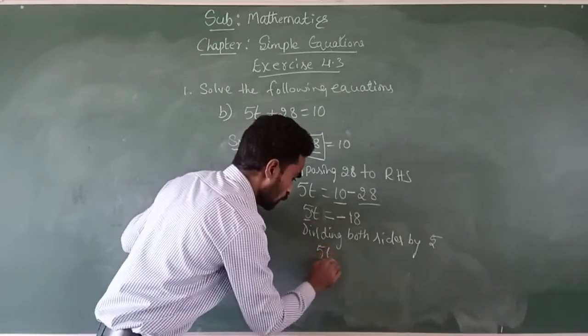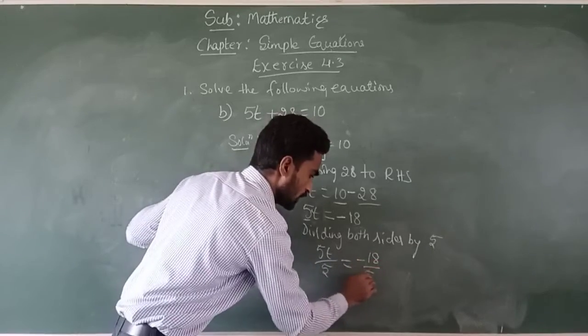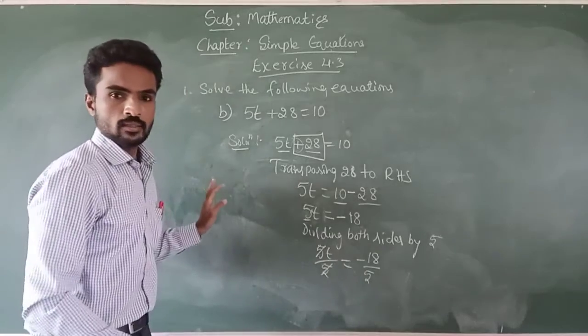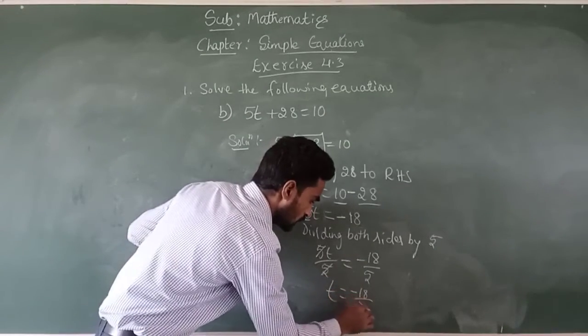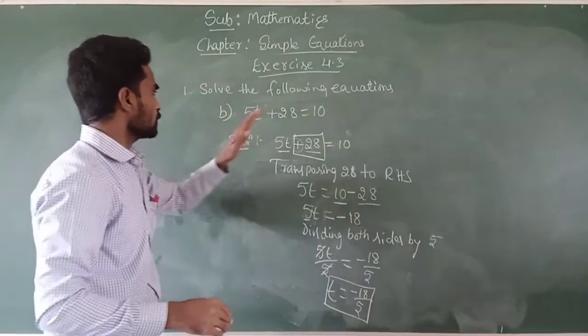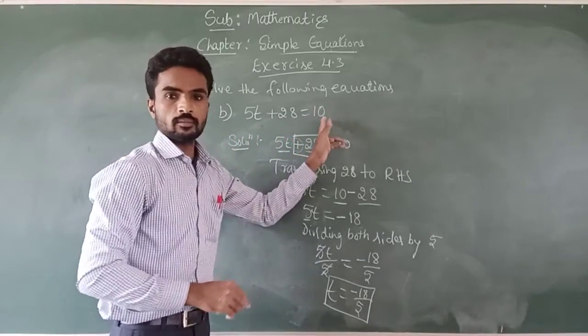We get 5t divided by 5 is equal to minus 18 divided by 5. Then these 5s cancel out. Then t is equal to minus 18 divided by 5. This is the solution of the equation 5t plus 28 is equal to 10.